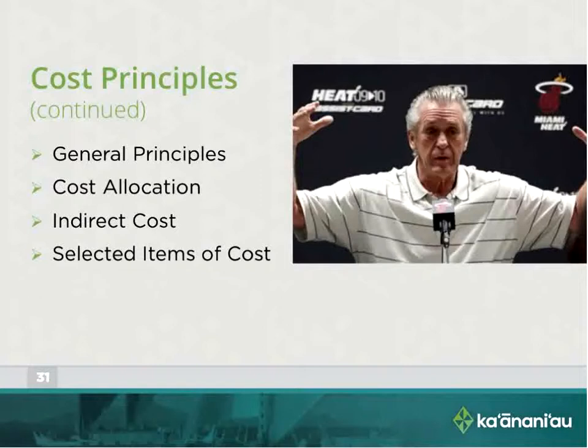Okay? And then the last thing that's covered in the cost principles is selected items of cost. Each of the cost principles covers the same items. It's advertising, personnel, which is called compensation for personal services, supplies, all of those.